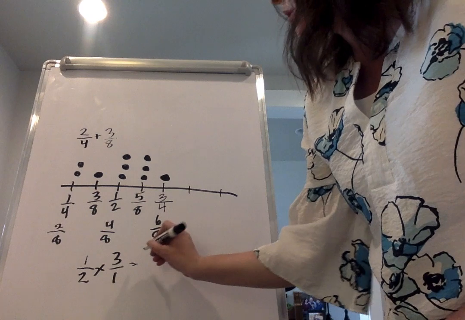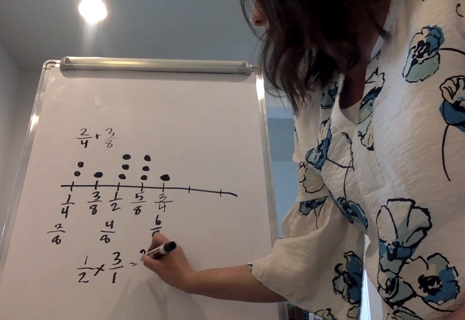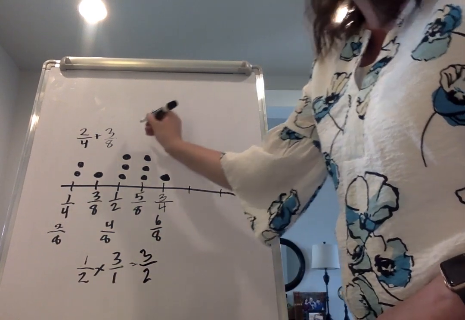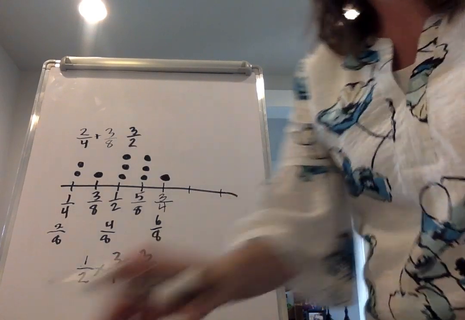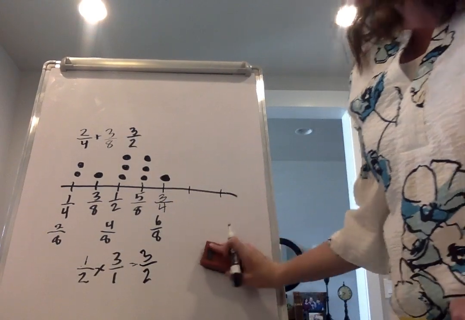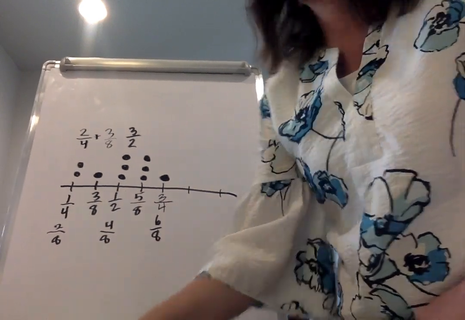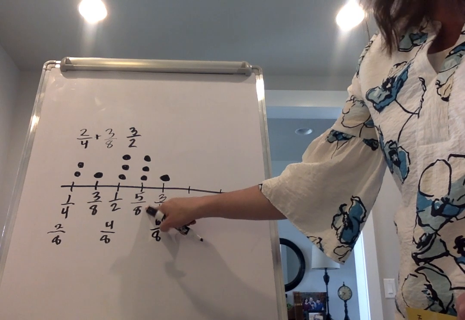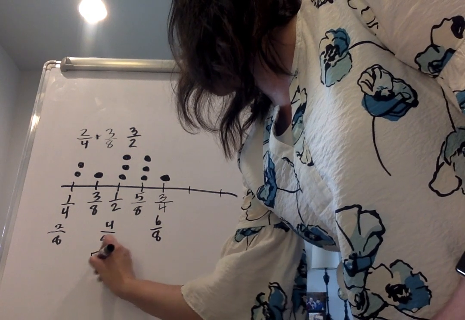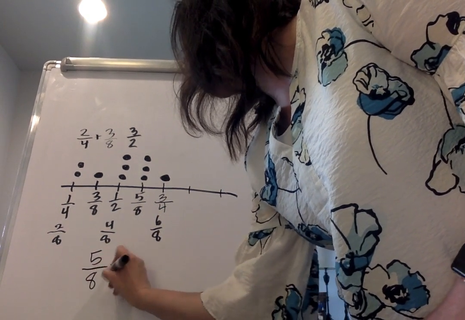Okay, 1 times 3 is 3. 2 times 1 is 2. So this is going to be 3/2. Okay. Then there were 3 days that the cat ate 5/8. So I've got to do 5/8 times 3.